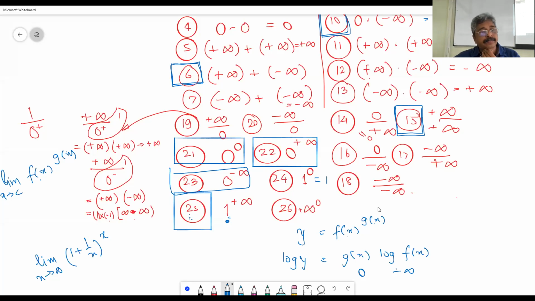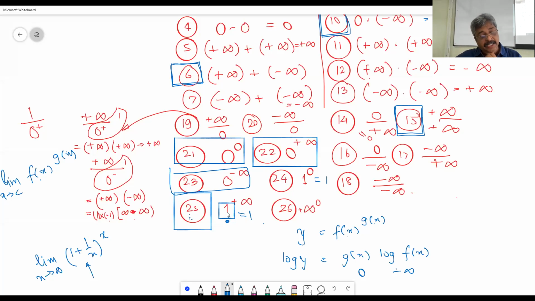Why can't we say 25th is 1? Because the base is not equal to a constant 1, it is a dynamic one; it is a little less than 1 or a little more than 1. If it is a little more than 1, then raised to plus infinity it will diverge and become a huge quantity.